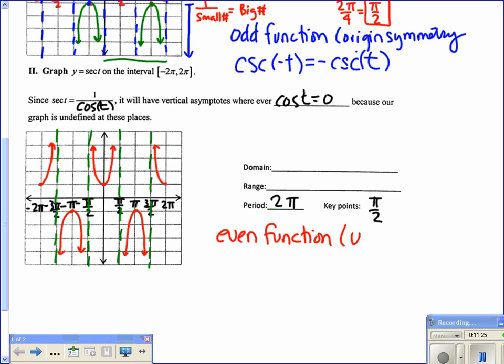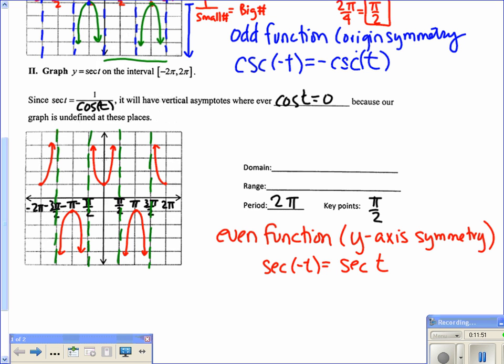And remember, even functions have y-axis symmetry. So that means that the secant of negative t is equal to the secant of t.